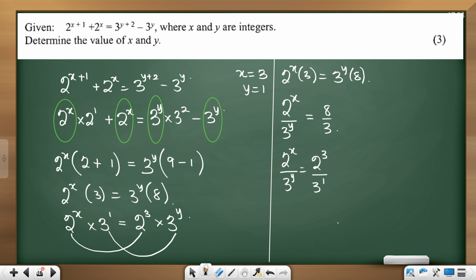Again, the left-hand side and the right-hand side are the same because of the equal sign. This can now only happen if x is equal to 3 and y equals 1. Talk to me, are we okay? Are we okay?